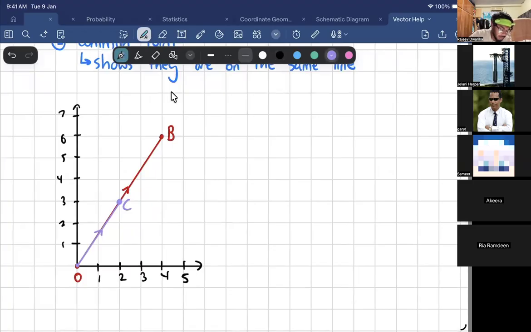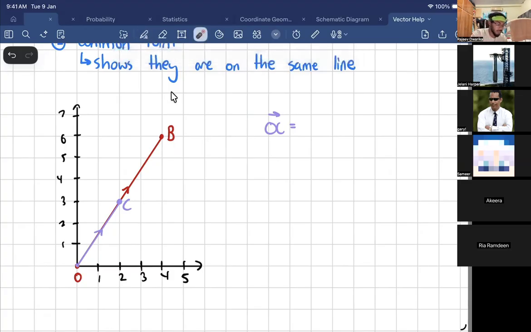Now, quickly, could somebody just tell me what vector O to C is? By reading off that, how would I go from O to C? I started at O. 2 to the right and 3 up. Right, so that'll just be 2, 3.